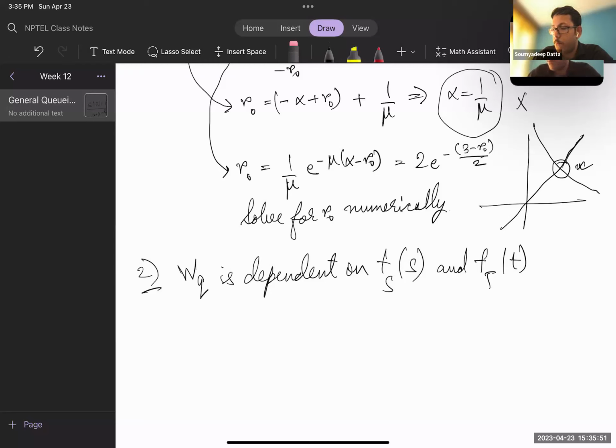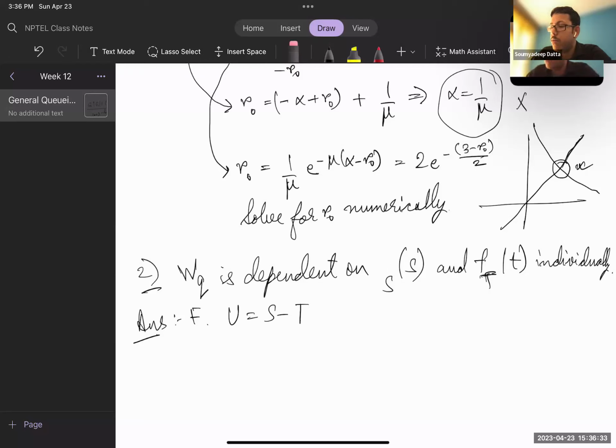I want to find out whether this statement is true or false. The waiting time, is it dependent on both the service time and the inter-arrival time distributions individually? The answer for this is actually false, because the wait time is something like u of s minus t, right? So it is actually dependent on the difference, not the exact values.